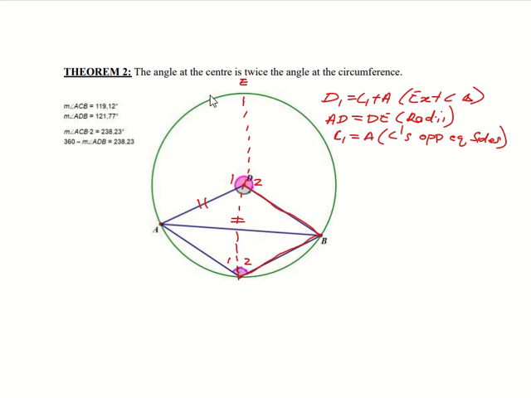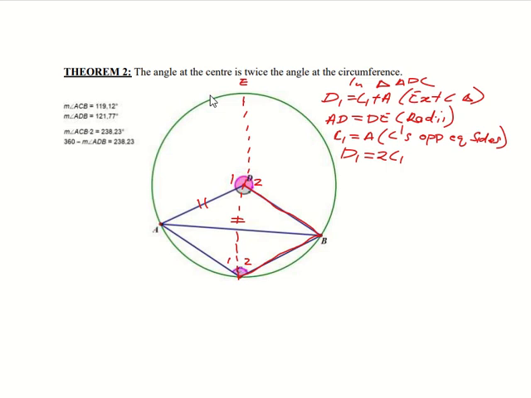So therefore D1 is equal to C1 plus A, and A is equal to C1, so it's C1 plus C1, which is twice C1, and that is in triangle ADC.